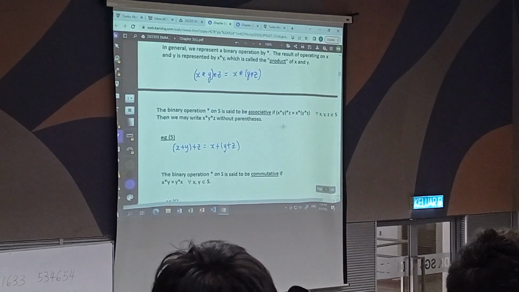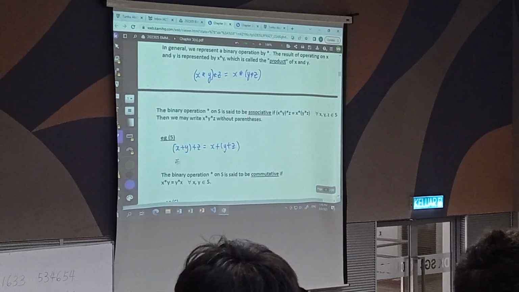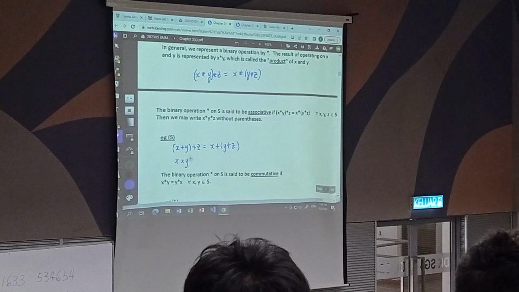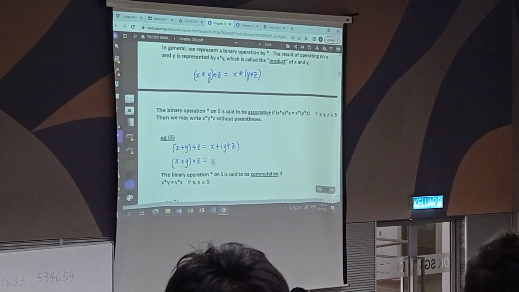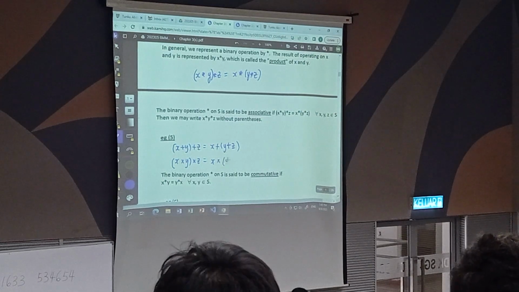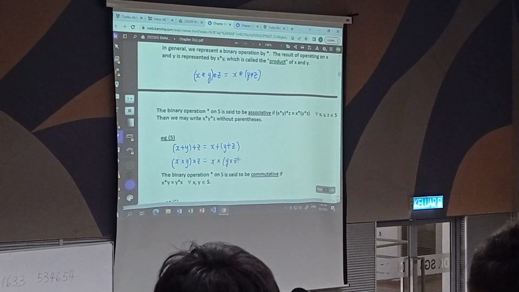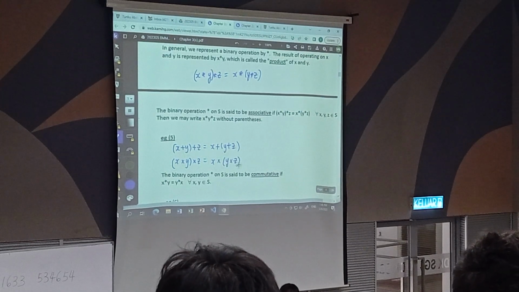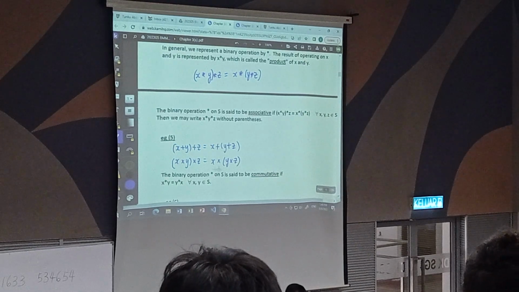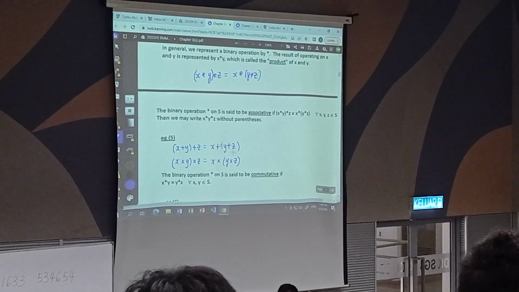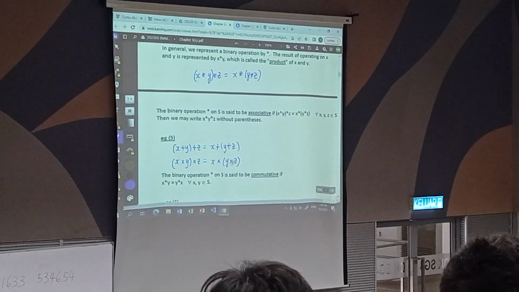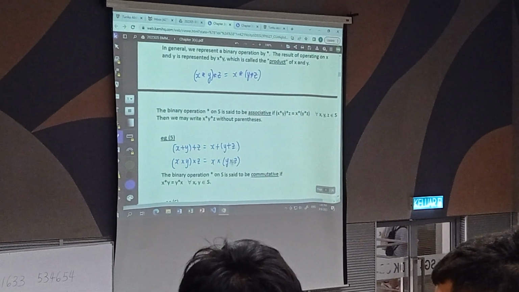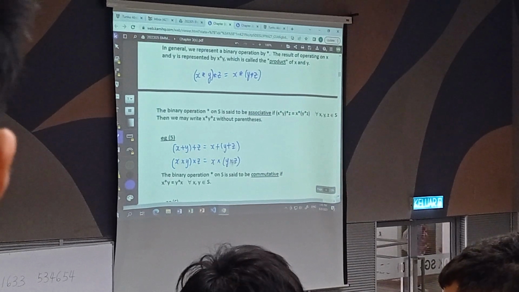Multiply. So (x multiply y) multiply z is the same as x multiply (y multiply z). This answer must be the same, no matter which part we do first. So this is for associative.